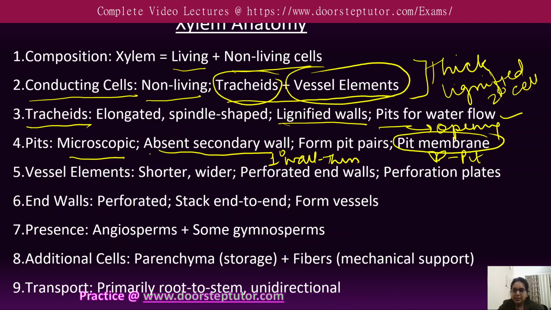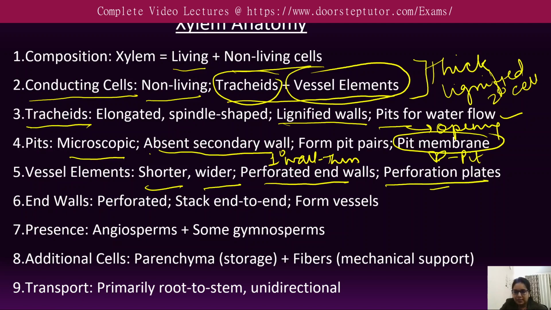The vessel elements are somewhat shorter and wider than the tracheids, and they have perforated end walls that form a perforation plate at each end of the cell, like this. The perforated end walls allow them to stack end to end, forming large conduits known as vessels.